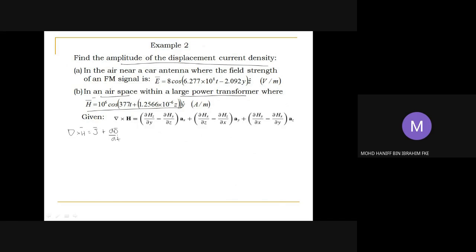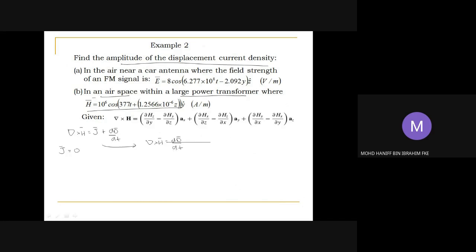If we are not given any information about the current values, what we can say in these conditions, in a space within a large power transformer, is that we can assume the J, or the conduction current, in this problem is equal to 0. With this assumption, we can reduce the equation to simply curl of H equals dD over dt.